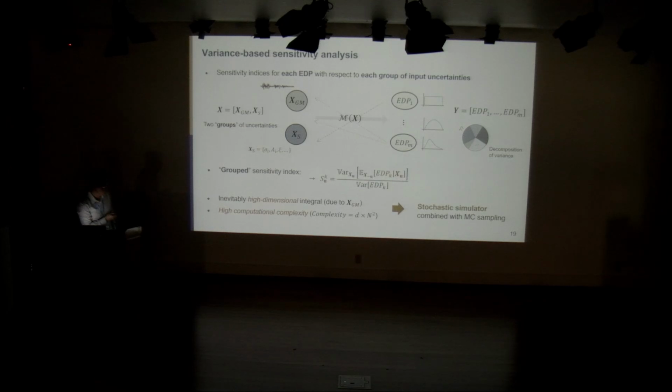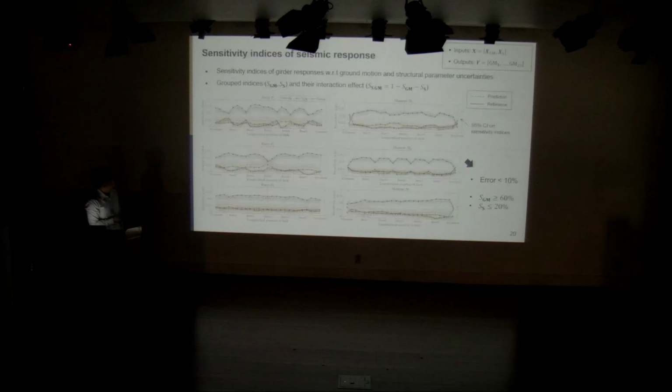These sensitivity indices can be represented by this equation. Evaluating these indices is really challenging because it involves high-dimensional input variables such as the ground motion time history, and a high computational cost. So we apply the proposed stochastic simulator model in the sensitivity analysis.